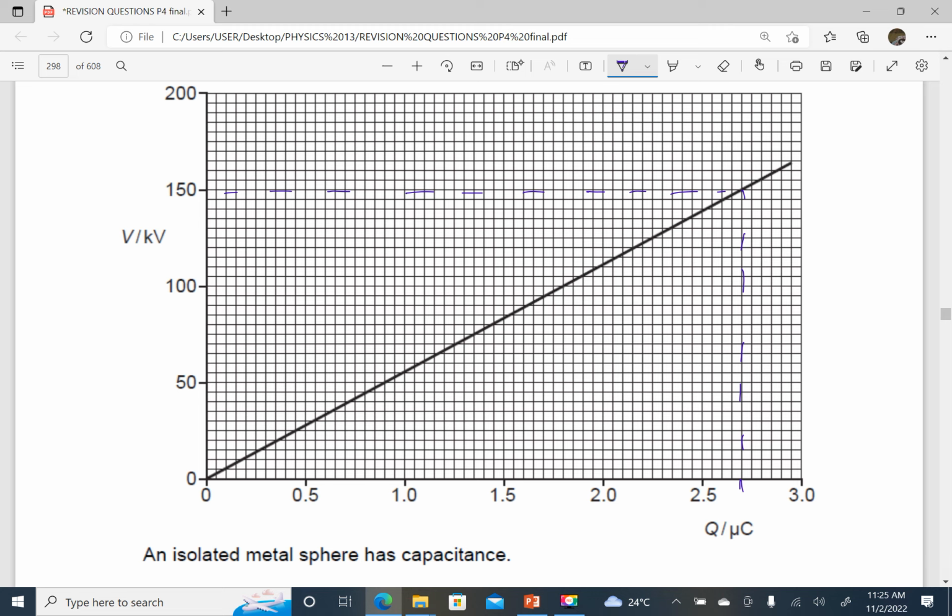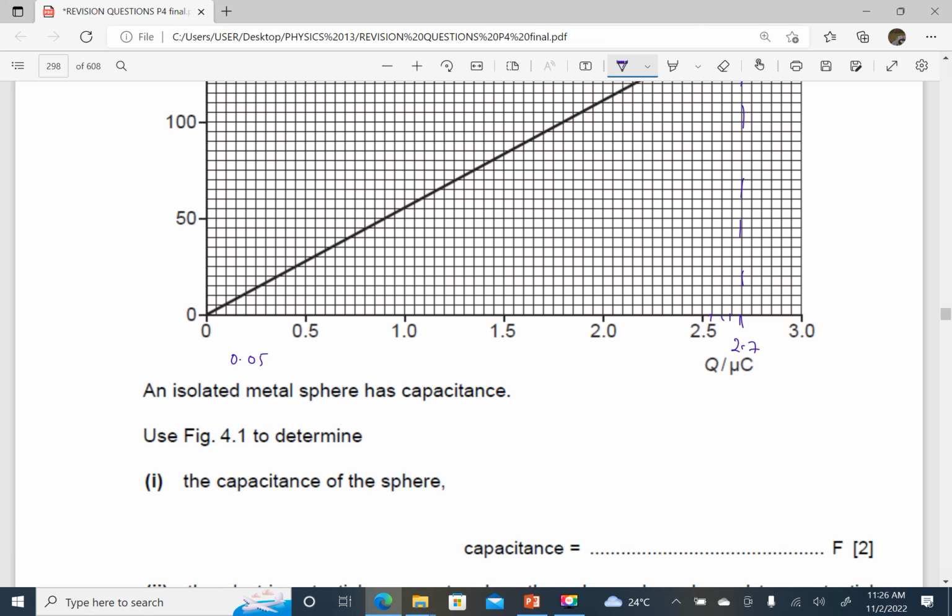The scale is 0.5 divided by 10, which is 0.05. So this is 1, 2, 3, 4. So this is going to be 2.7. So we are finding the capacitance.